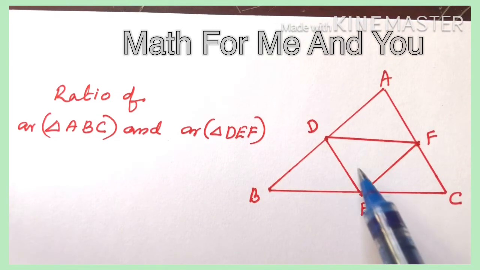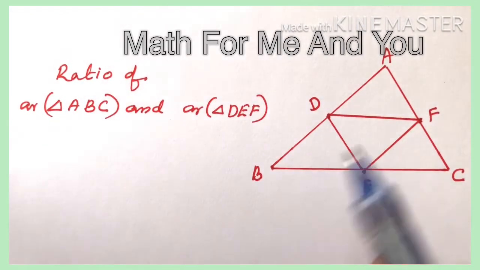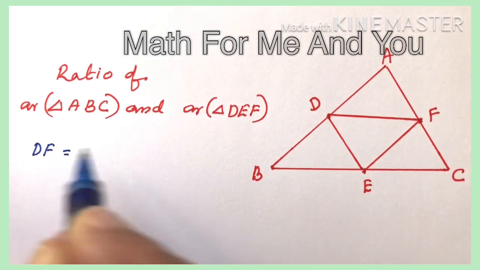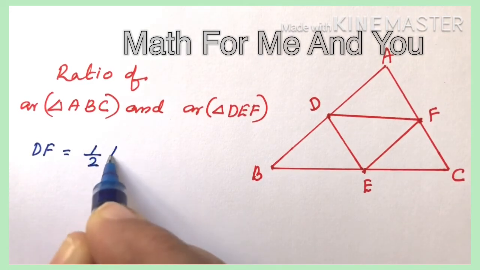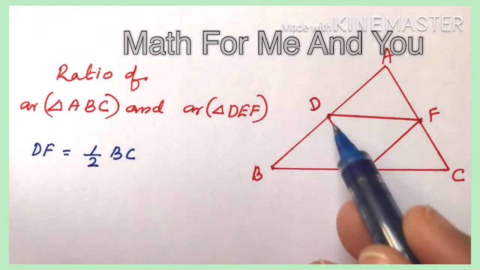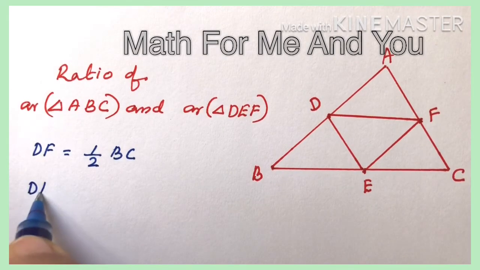Since D is the midpoint of AB and F is the midpoint of AC, we get the line DF, and it is parallel to BC. It is also half of the length of BC. This is by the midpoint theorem. We can write this result, that is DF is equal to half of BC. In the same way we can write the other two sides also. DE is equal to half of AC.